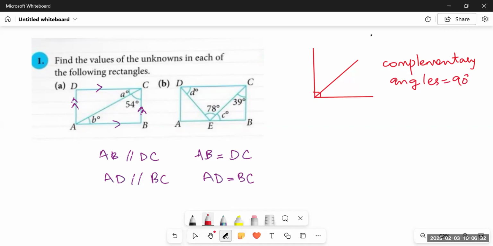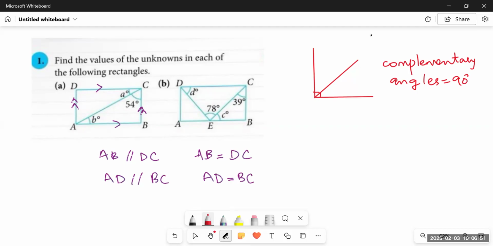That is, the sum of complementary angles is always equal to 90 degrees. So whenever there are two or more angles that make up a right angle, their sum would always be equal to 90 degrees. It means if there is a diagonal from any of the angles of a rectangle, it would always have a sum of 90 degrees.